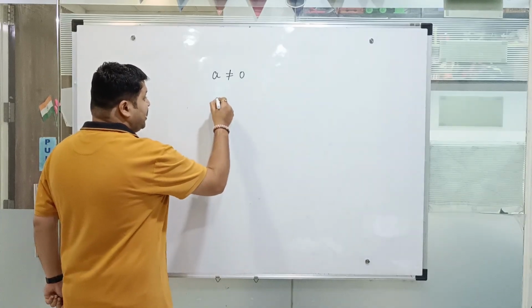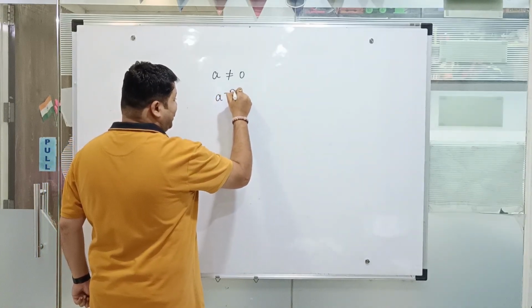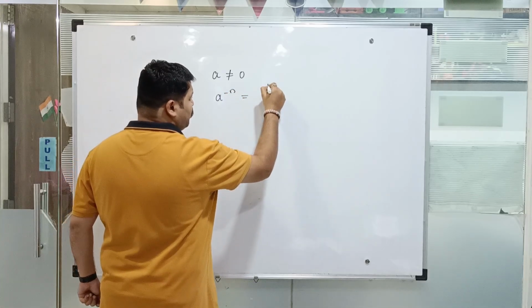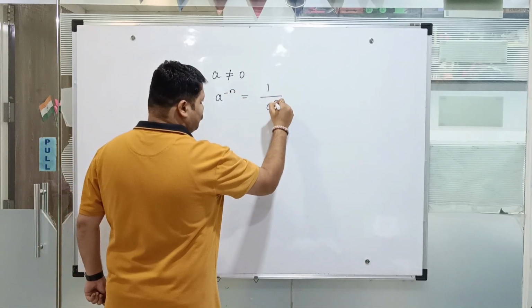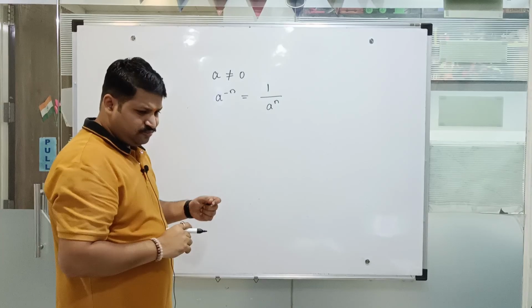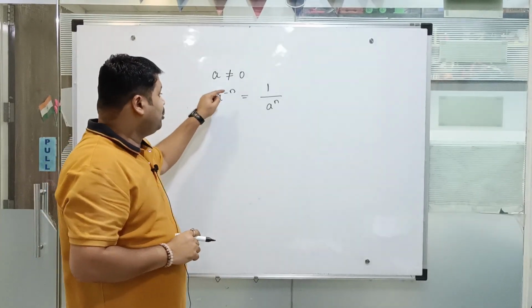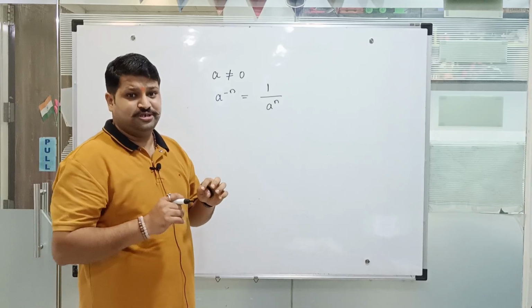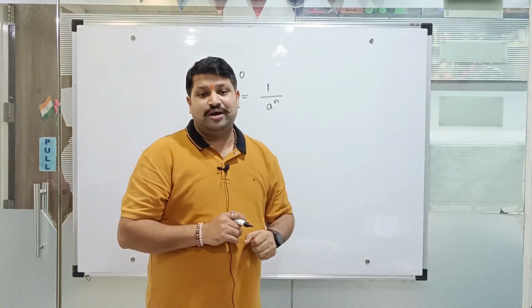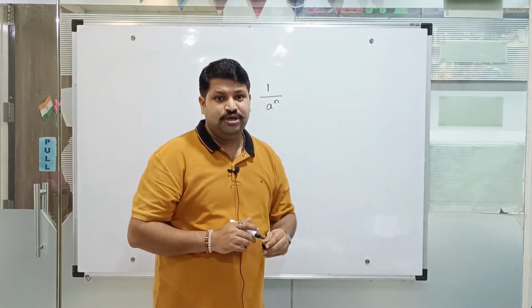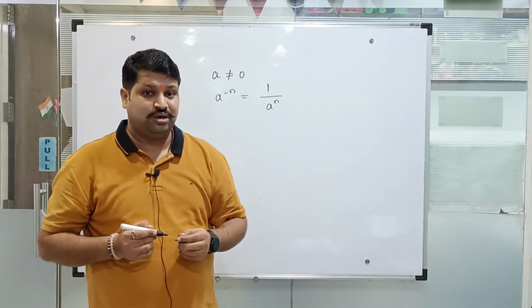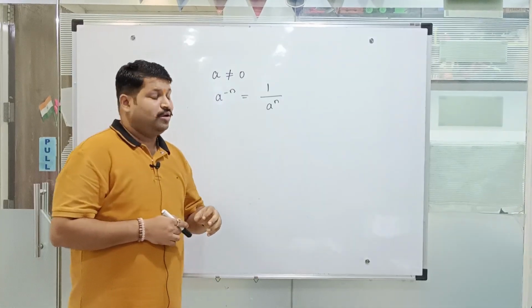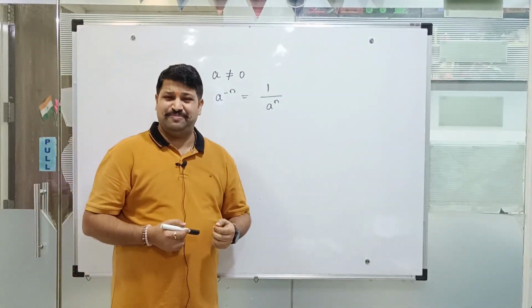So I have a to the power of minus n. So this effectively would be 1 upon a to the power of n. Here also a cannot be 0. Now we've seen that in previous 3 laws a cannot be 0. It is because a would be on the denominator side, and if the denominator is 0, the final answer would not be defined.